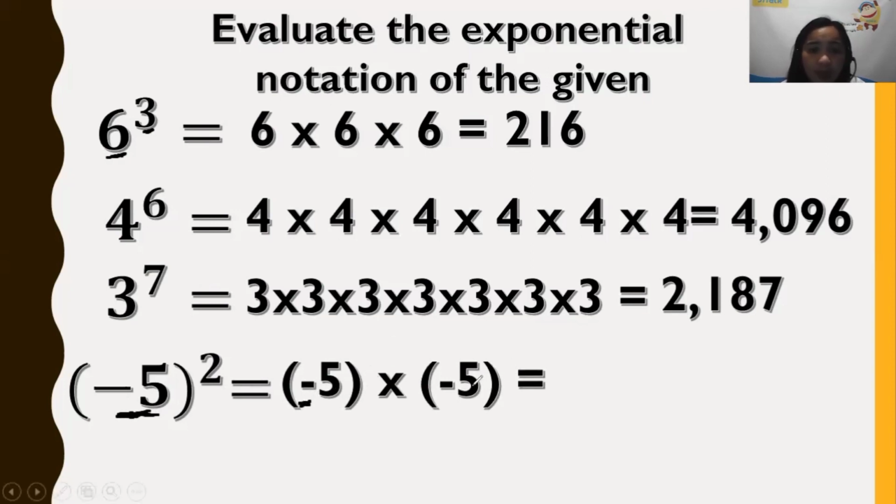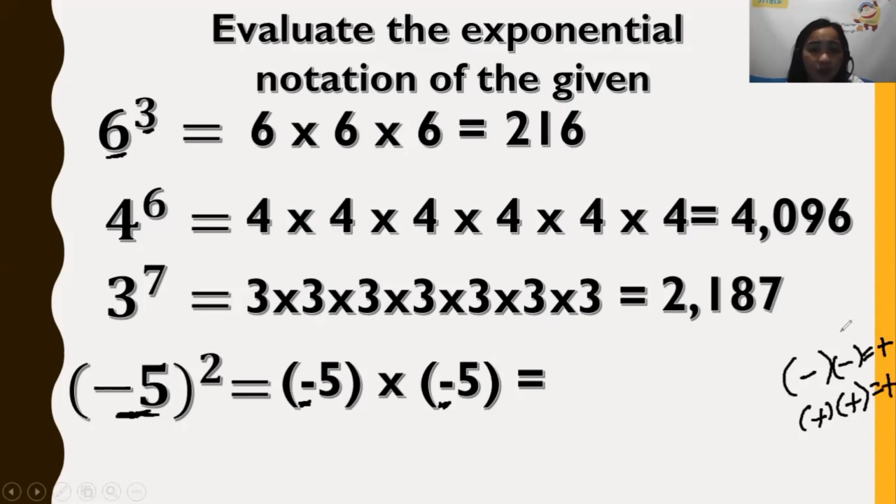Kapag nag-multiply ka ng magkaparehas na symbol, that is equal to positive number. Ulitin ko. If you multiply same negative numbers, parehas siyang negative, ang sagot nan ay positive. Kapag nag-multiply ka naman ng parehas positive, ang sagot pa rin nan positive.